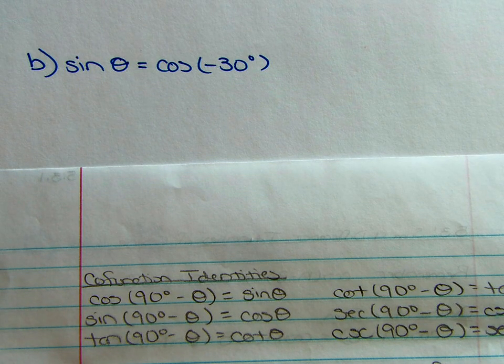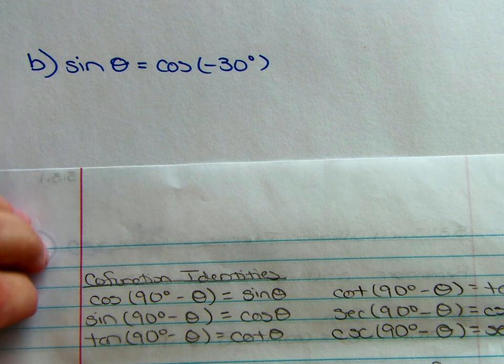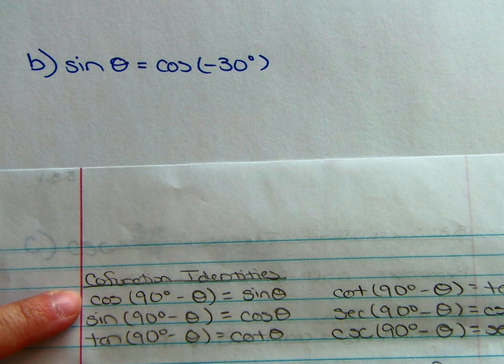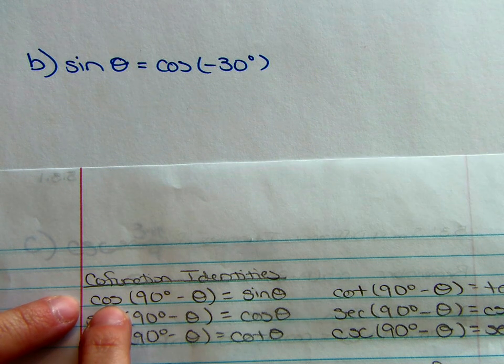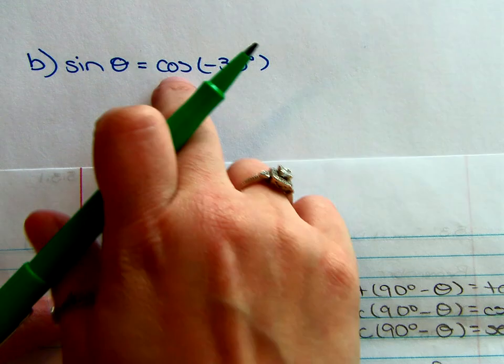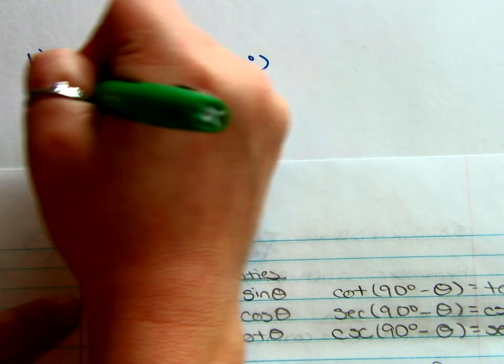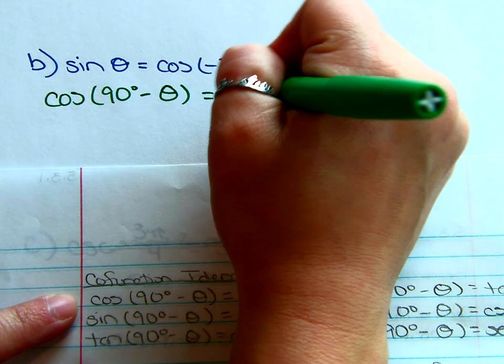Maybe right here, our very first one, because see, it's over here. Sine theta, we can rewrite it in terms of cosine, which will help us because then we'll have cosine on both sides. So this will be cosine of 90 degrees minus theta equals cosine of negative 30 degrees.